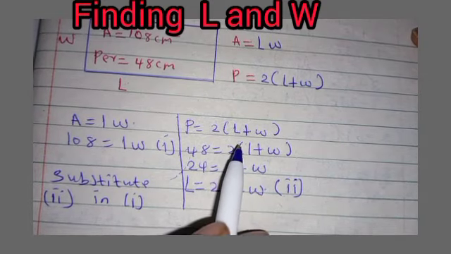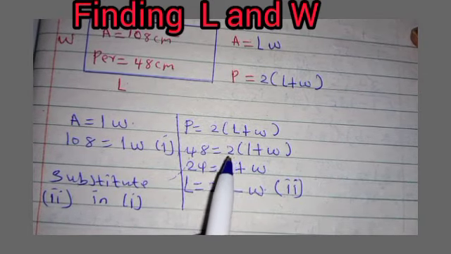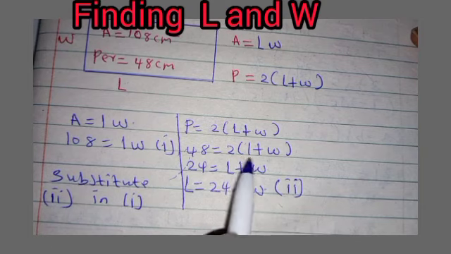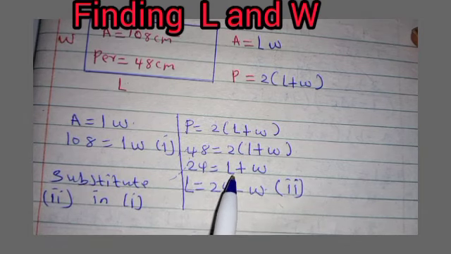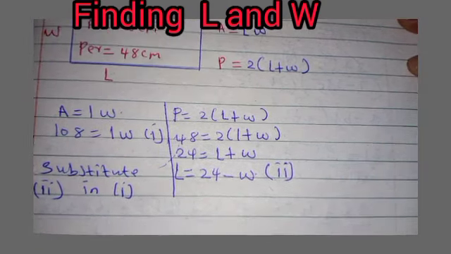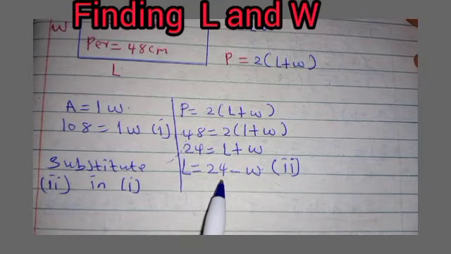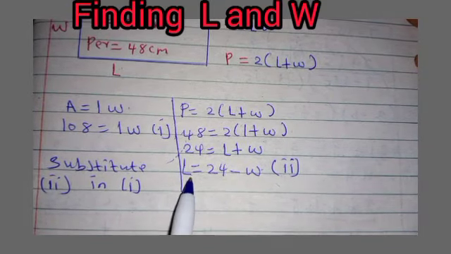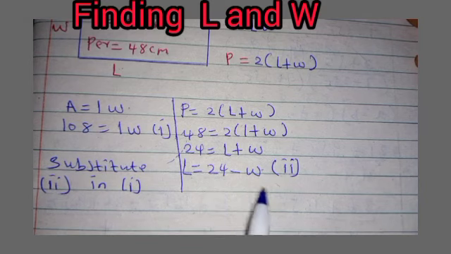So we have used this formula for the perimeter, which is 48, which is equal to 2 into bracket length plus width. So you have 24 is equal to length plus width. So now we have made the length the subject of the formula. So where you have L, you write 24 minus W.